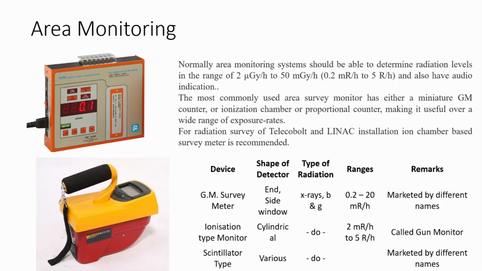We understand personal monitoring, but the other important thing is area monitoring. Area monitoring means that where there is a radiation generating equipment, or a radioactive source with equipment, a sealed source or an unsealed source located, the surrounding area is hazardous, or at risk. A person with or without knowledge of radiation can accidentally enter that area and be exposed to undesired radiation.